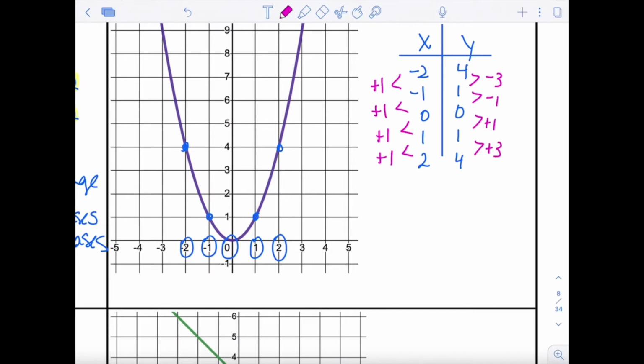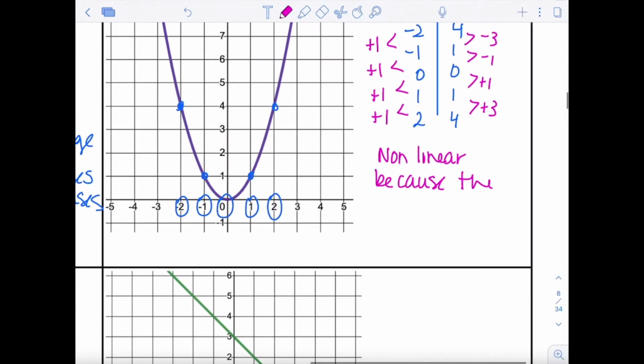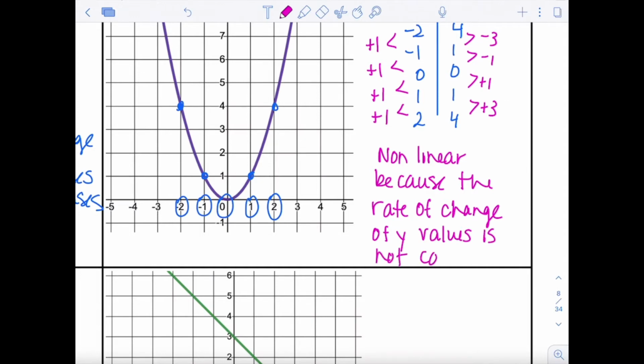Because there is no pattern in my Y values, this is a nonlinear function relation. Okay? And I'm just going to call it now the rate of change, meaning the pattern in Y values, is not constant. So it changes.